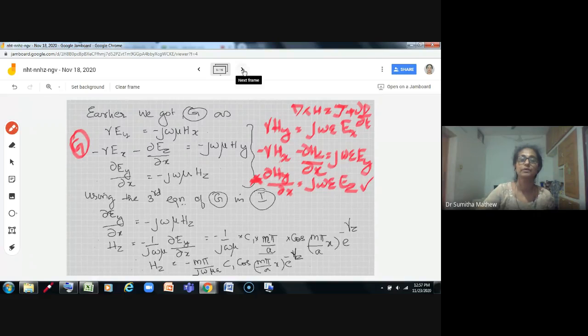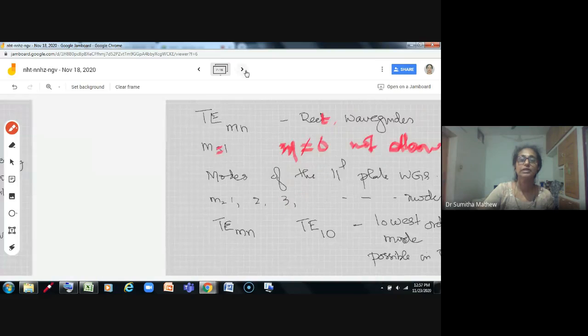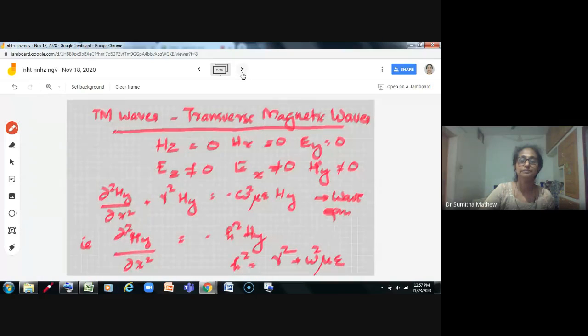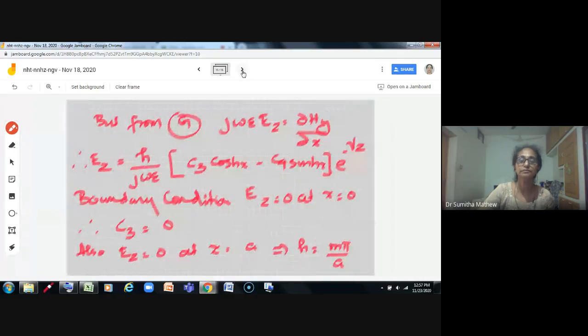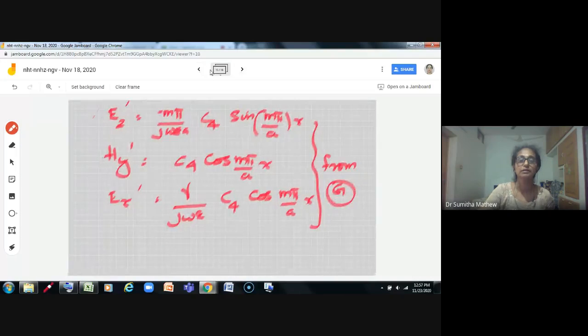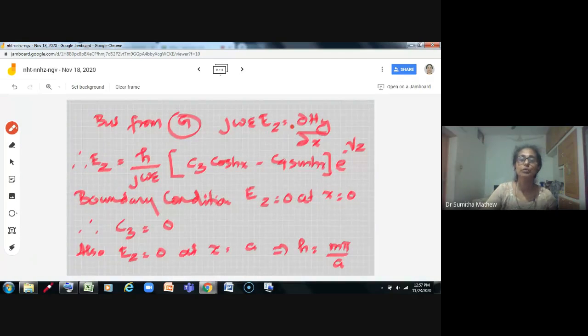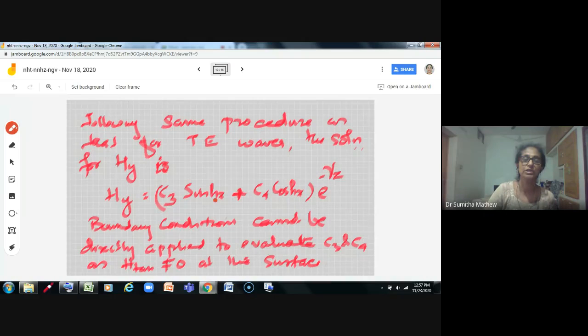So taking that third equation from G, here you get j omega epsilon Ez is equal to dou hy by dou x. Hy we already have an equation, isn't it? Here, hy we have written an equation, in terms of C3 and C4.